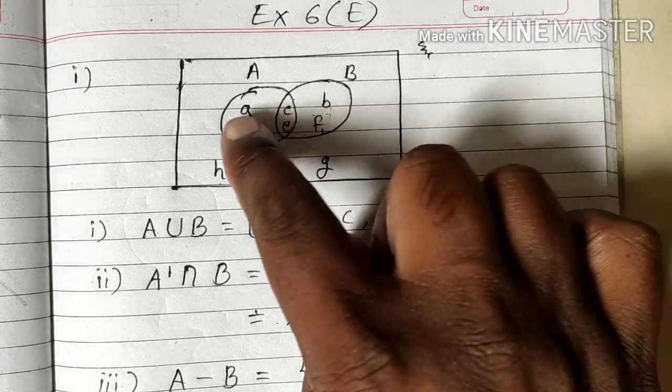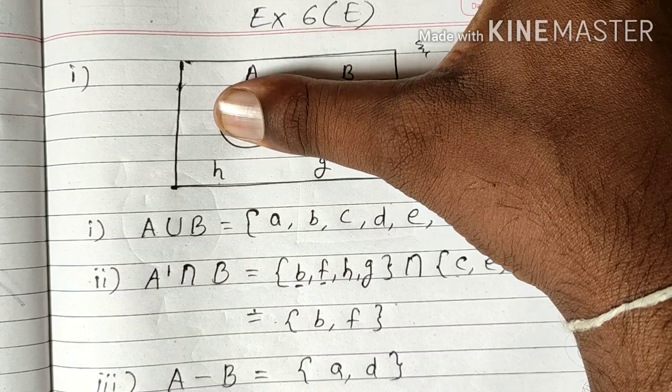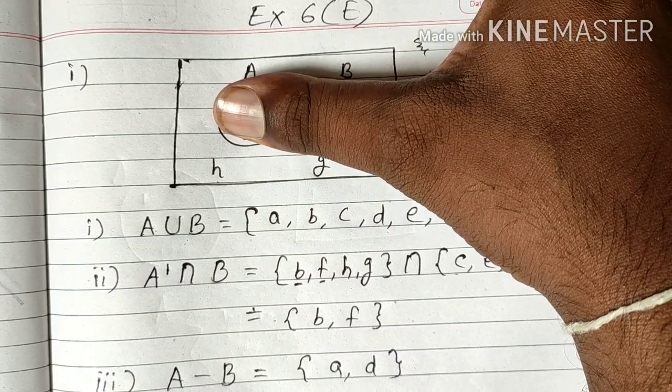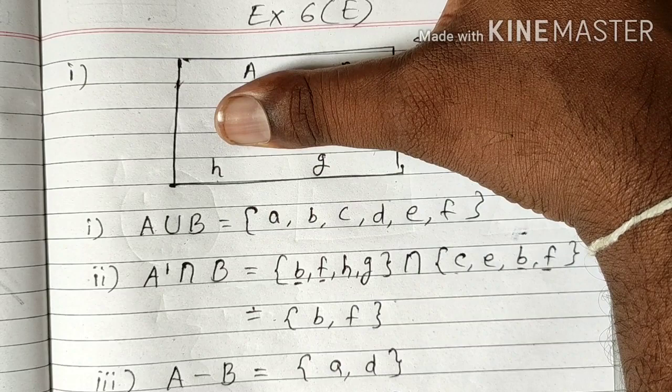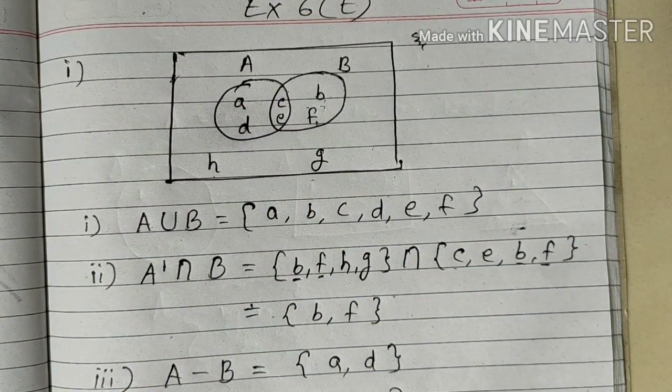Union means all these A and B elements, and its complement means the remaining elements other than A and B. So it is H and G. This H and G is remaining here. So we will write A union of B complement. Okay, so this is our question number 1.